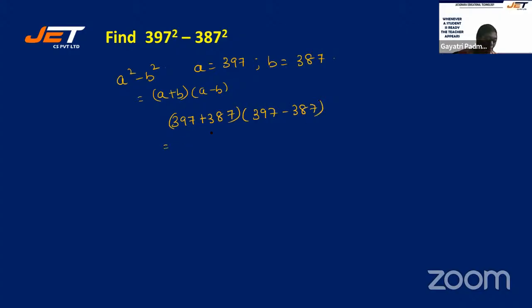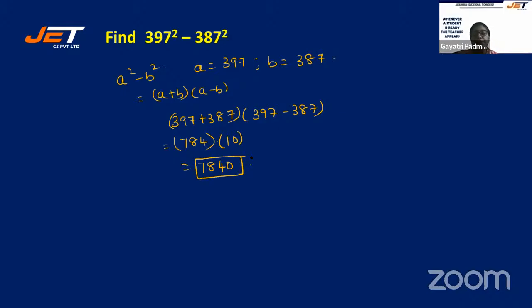So when you add, what do you get? 397 plus 387, you get it as 784. 7 twos are 14. 9 twos are 18. 3 twos are 6 plus 1, 7. Right. Into 397 minus 387 will be 10. Right. 7 minus 7, 0. 9 minus 8 is 1. Whereby you get 7840. That is your answer.